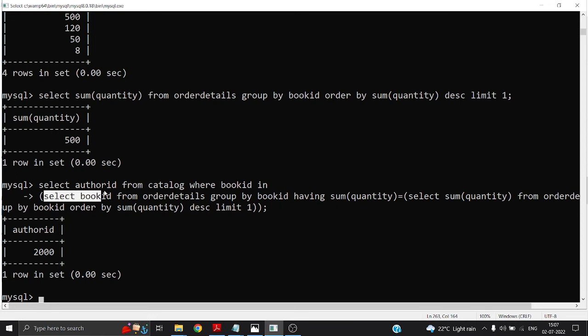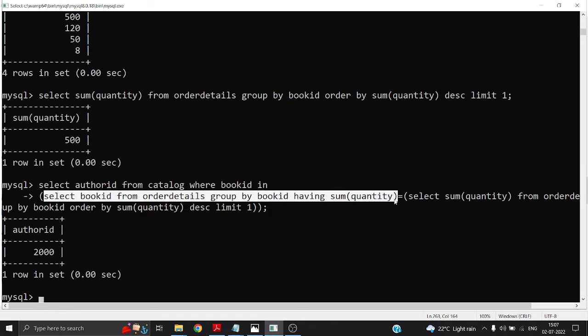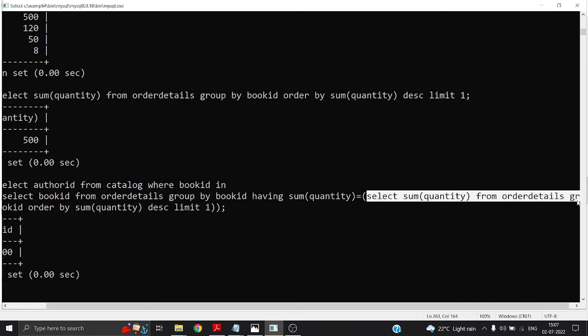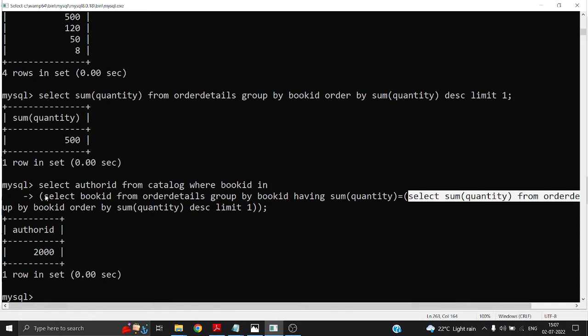This part of the query counts the sum of quantity, whose quantity matches with this. Here we got the output as 500. If the sum of quantity is equal to 500, then it gives the book ID of that 500.